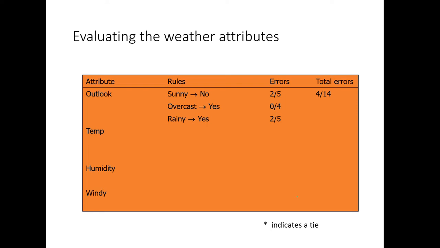So now we are going to do the same process. What is the same process? For temperature, how many values are there? There are 3 values. So for each of these different values, find the most frequent class, find the error rate, and add the error rates for the 3 values to get the total error.